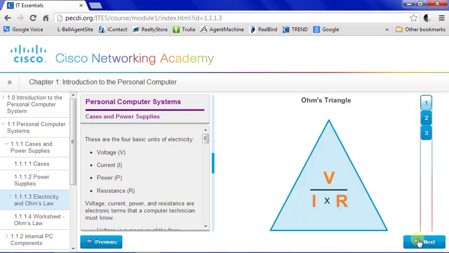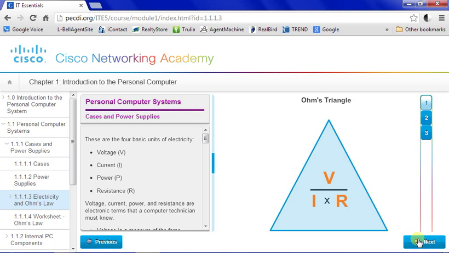Another important area that you need to understand, which relates to the power supply and the different components inside of the computer, is the voltage that is inside the computer, and you want to understand the terms voltage, current, power, and resistance.